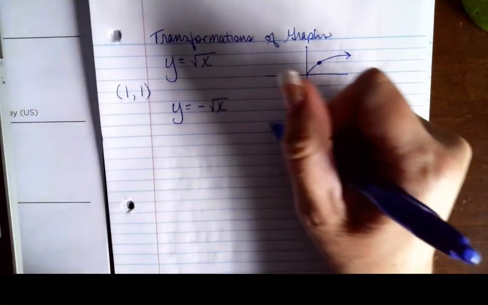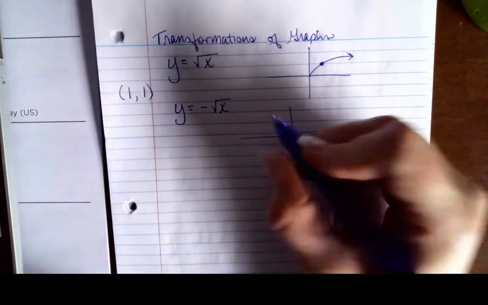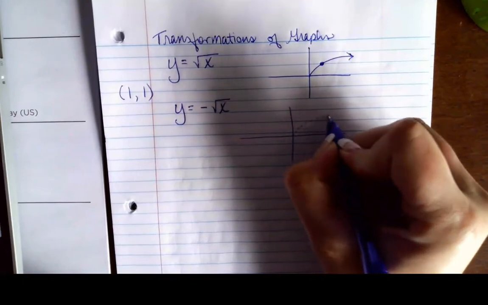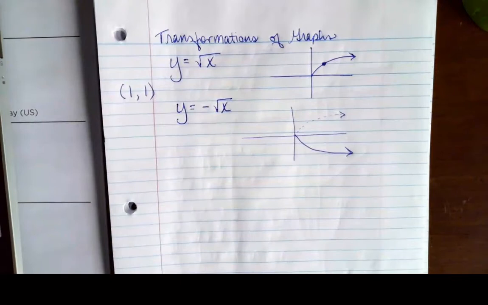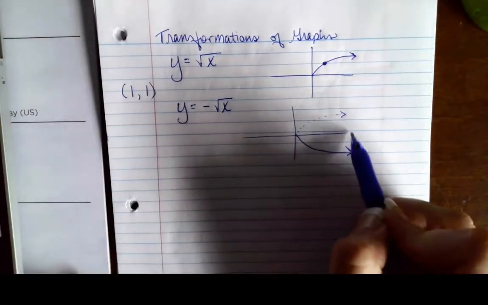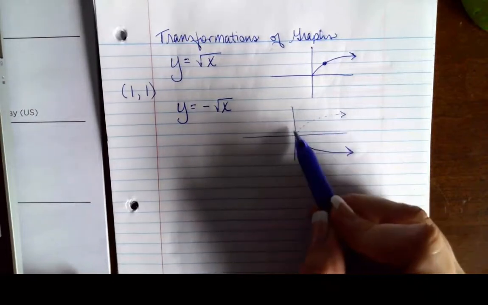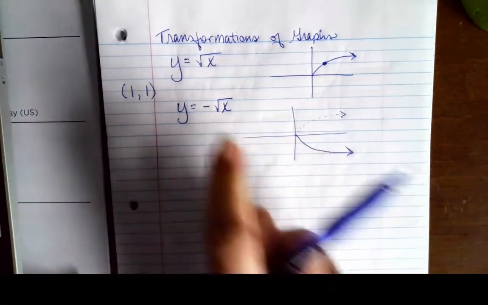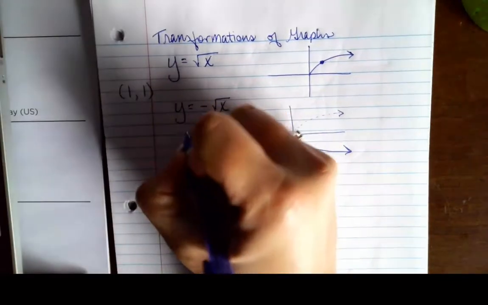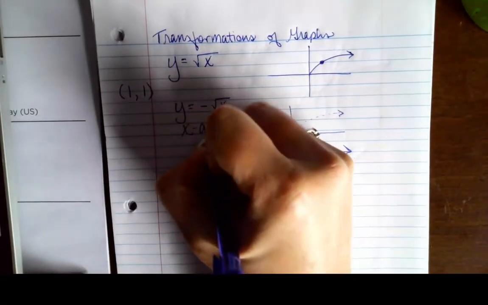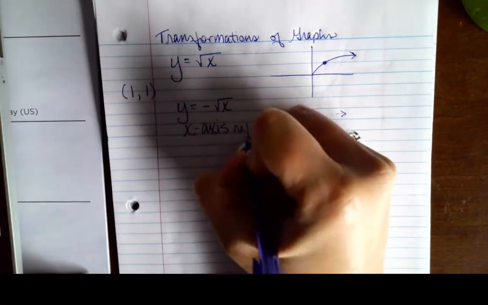So what that will look like is I've got my parent function, which would be like this, but now I have flipped it. It's an x-axis reflection. It's kind of like this is water, and where it was is now reflected down into here. So a lead coefficient that's negative is going to be an x-axis reflection. So that's one thing that we want to look for.